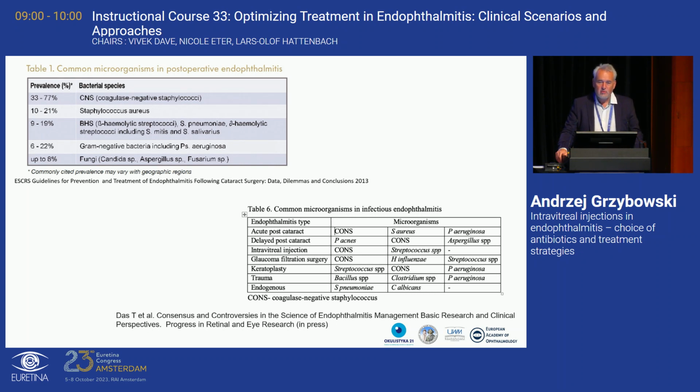Then we know also, this is another table, that it might differ according to the different causes of endophthalmitis, as you see: post-cataract or intravitreal injection, glaucoma filtration surgery, keratoplasty, trauma, and of course, endogenous.